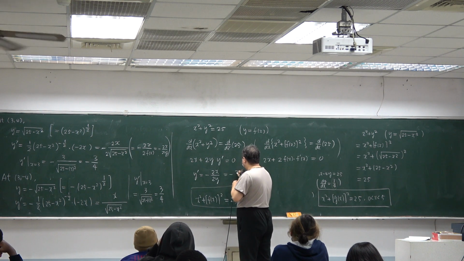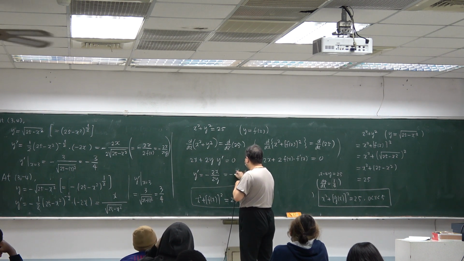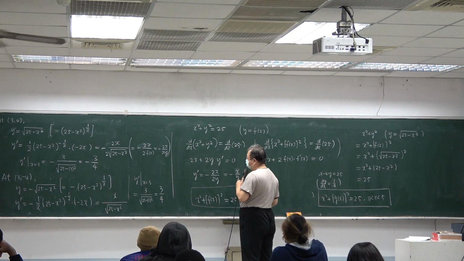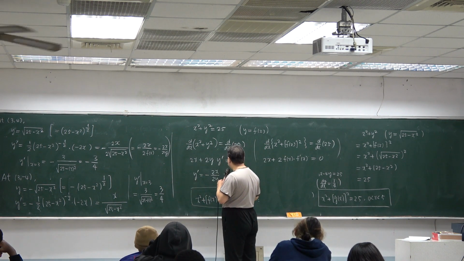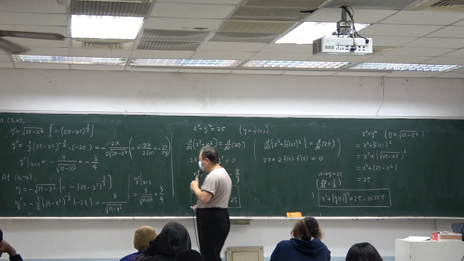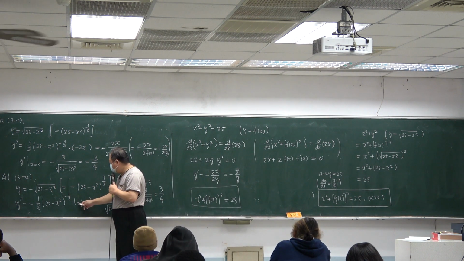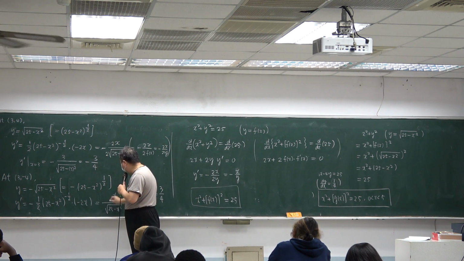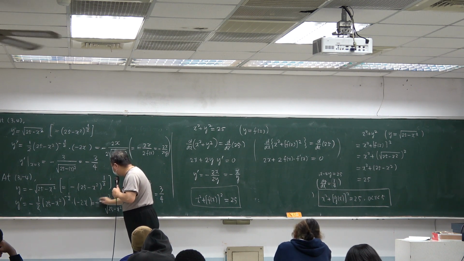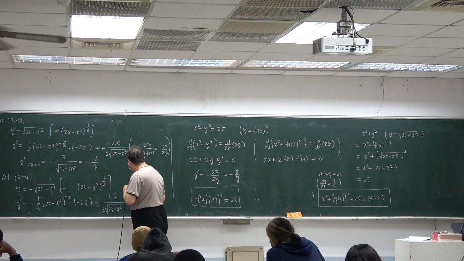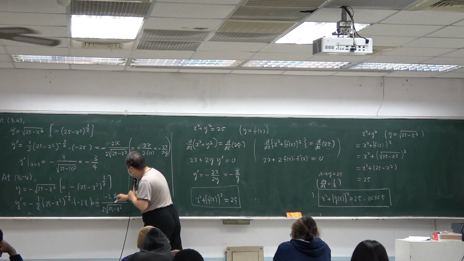Of course, the 2 and 2 are cancelled. For this case, same. See? We can put a minus sign here. Minus and minus is positive. This is exactly minus 2x.